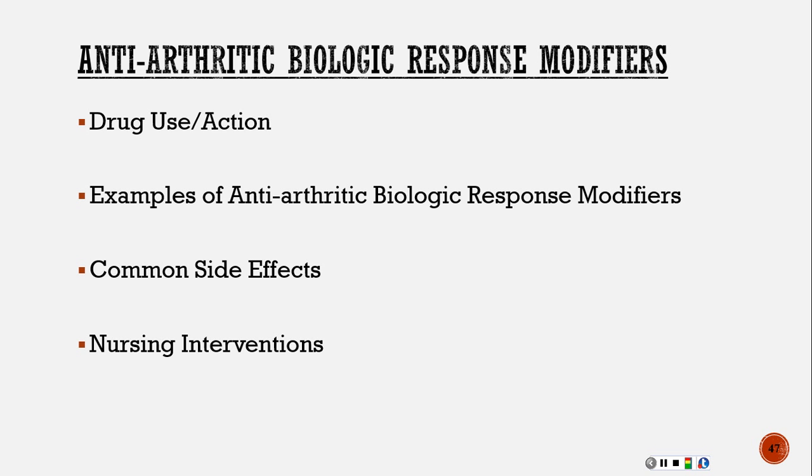Some of the examples you've probably heard of: Remicade and Enbrel. These bind tumor necrosis factor, which is involved in immunity and inflammation. They just bind to it, prevent it from being able to further cause the inflammation.